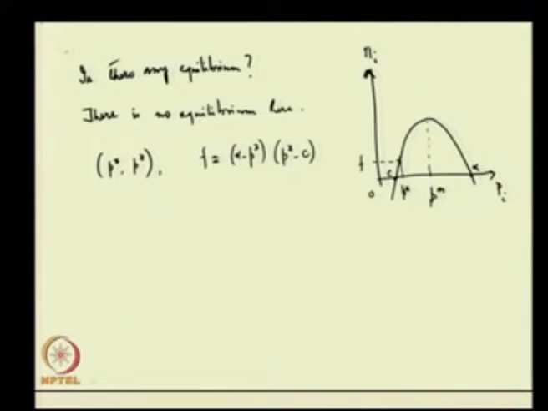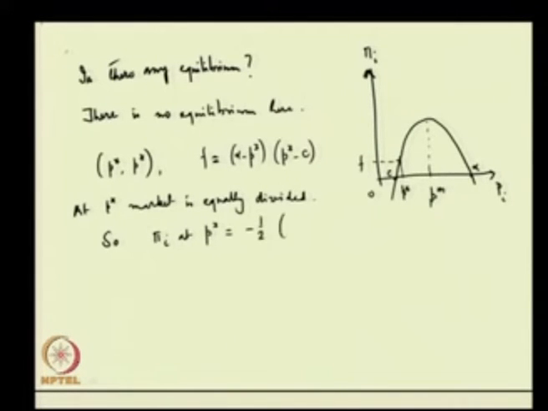But here at P star, the market is equally divided. So, the profit at P star, we can calculate, is alpha, this, which is negative. So, rather than earning a negative profit, a firm will deviate and charge something more and earn 0 profit. So, P star is not an equilibrium.